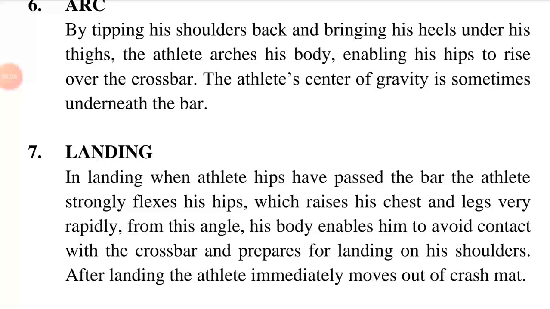This is a mattress made of cushioned foam rubber that breaks competitors' fall after a jump. There should be a gap of at least 4 meters between the landing area and the uprights to prevent the crossbar being knocked by the movement of the athletes.